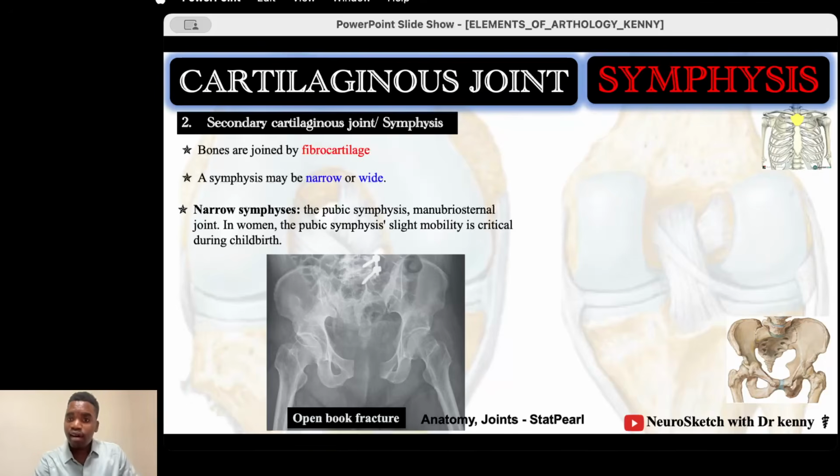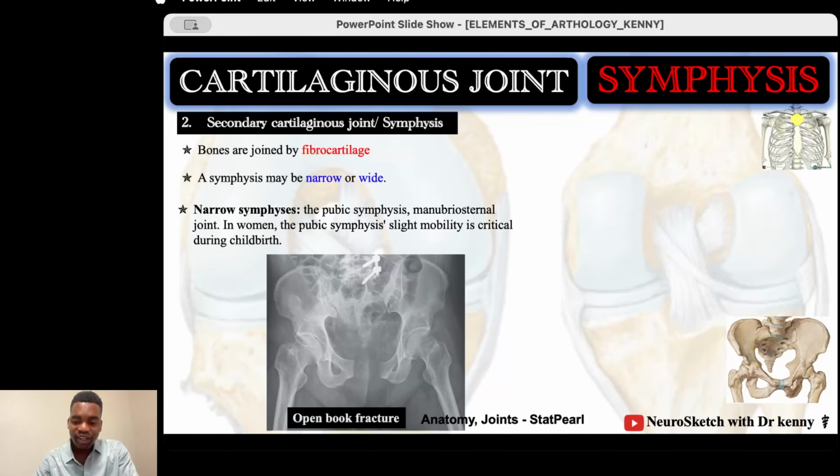Because the pubic symphysis is very strong and binds together the pubic bones. If it is torn, the pubic bones will separate away from one another, so they split open, giving an impression of an opening book. And so this fracture is known as the open book fracture.